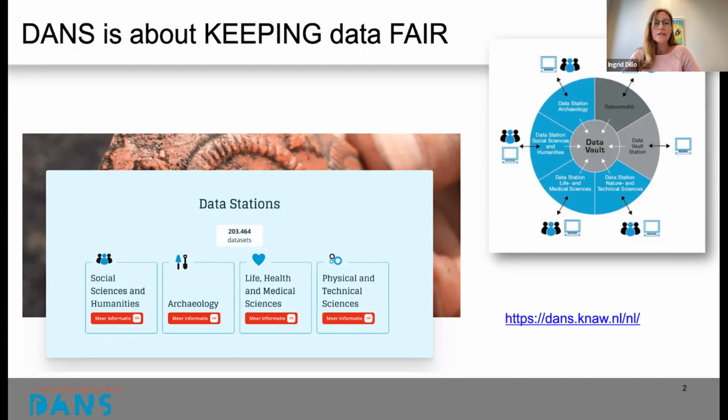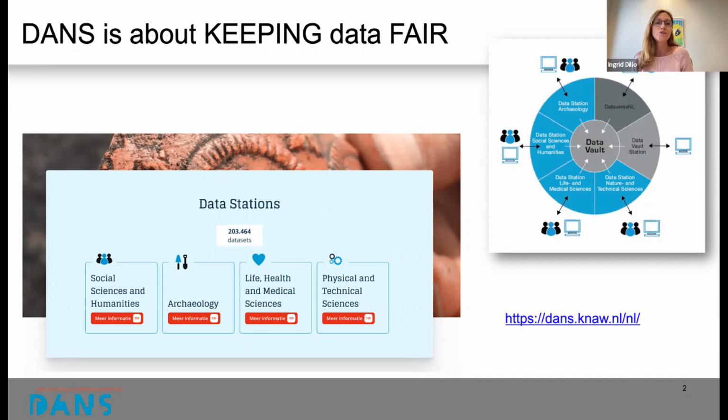All of these data stations and the repositories in DataVersNL are connected to what we call our DANS data vault that you see in the middle. That really is our long-term archive. And through the combination of all of those services, we are also able to provide a certified trustworthy digital repository service. So that is one leg that DANS stands on as a national repository.